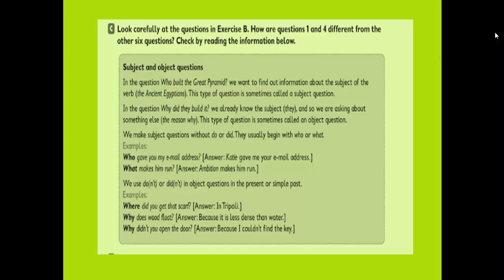The answer is in Tripoli. Why does wood float? Because it's less dense than water. Why didn't you open the door? Because I couldn't find the key. So here we use don't or didn't in object questions in the present or simple past.